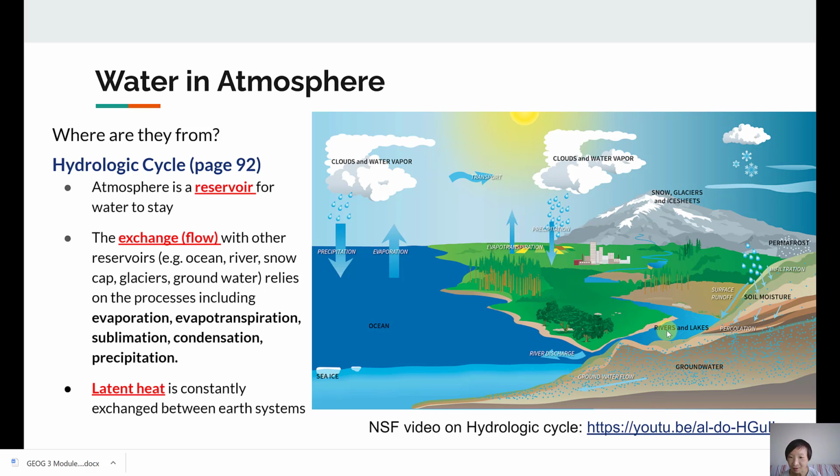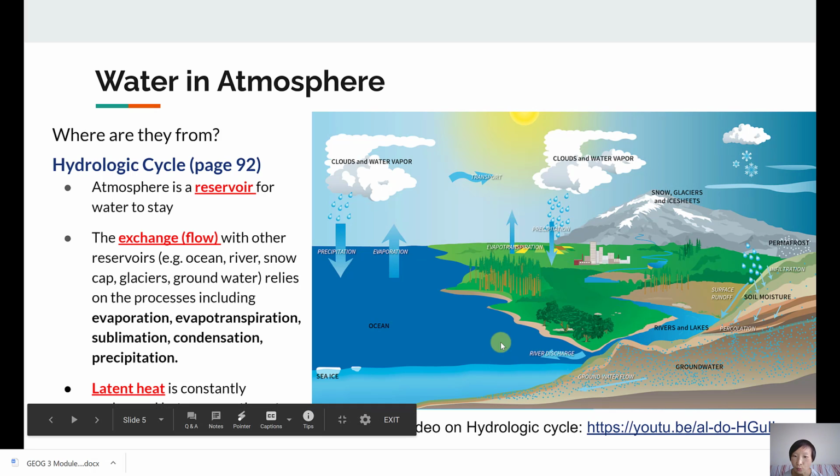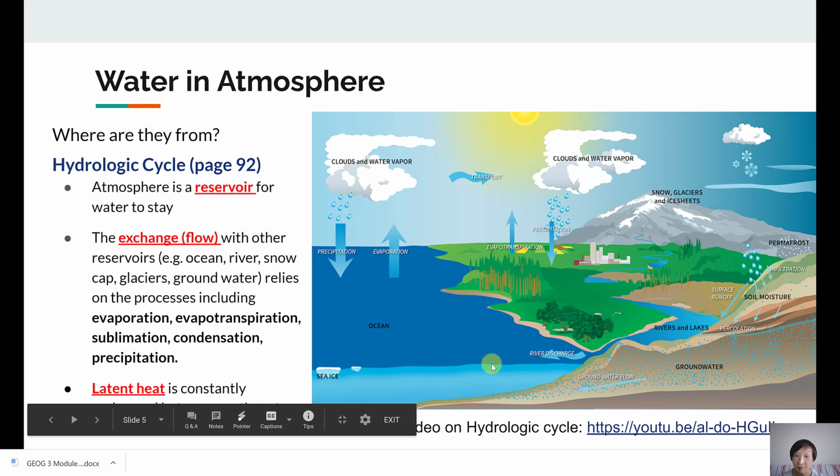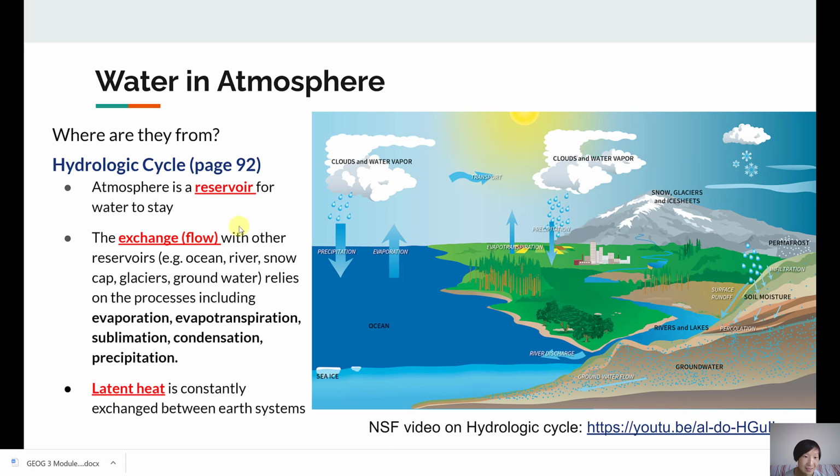Because they are all driven by gravity, all the surface water and groundwater will eventually go back to the ocean, and this hydrologic cycle begins again. So you can see here the exchange, the flow, those evaporation and precipitation, are very important.